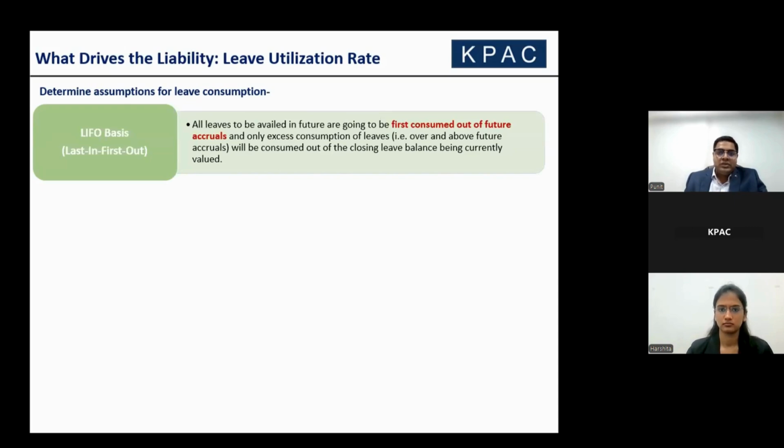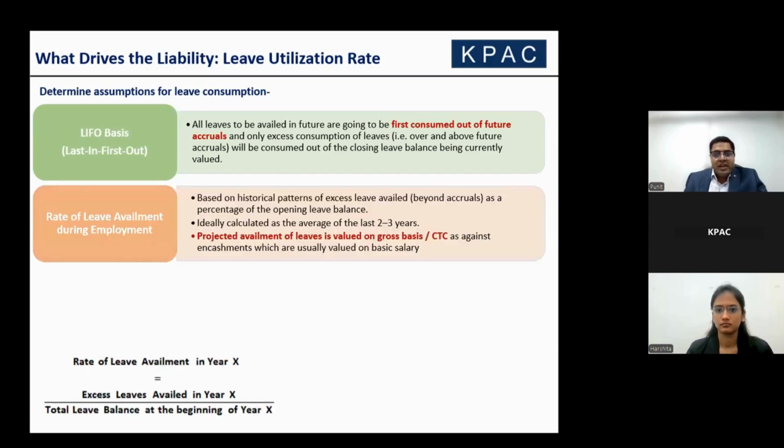It assumes that any leave availed in future is first consumed out of future accruals. Only if an employee takes more leave, then it will be consumed out of the closing leave balance being currently valued. That is the balances from the previous years.